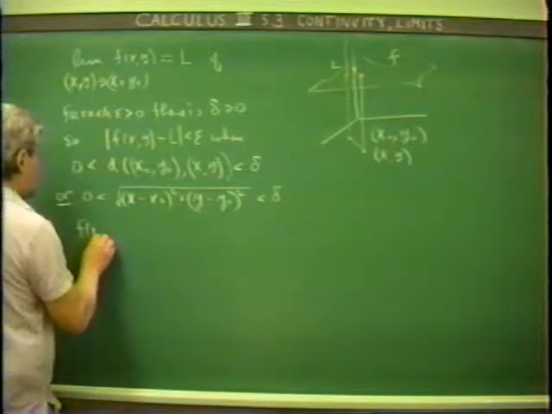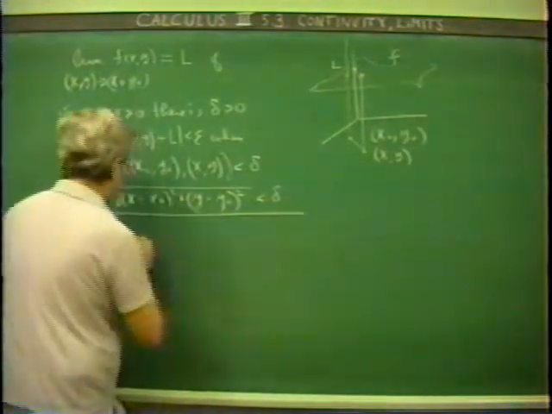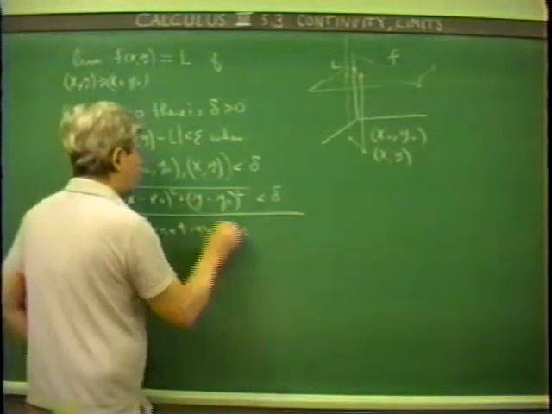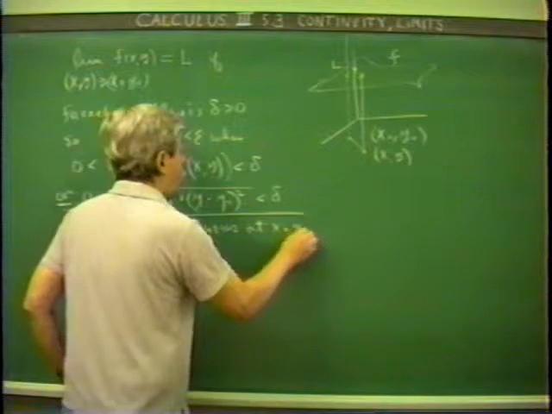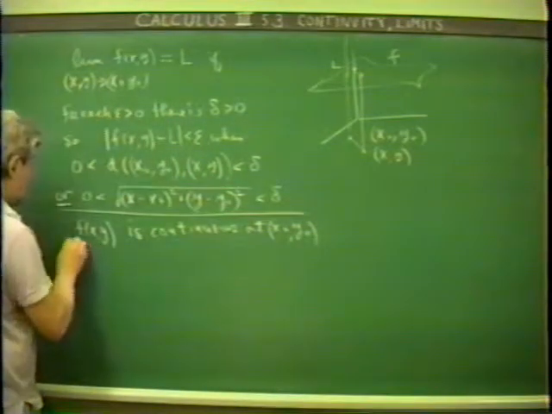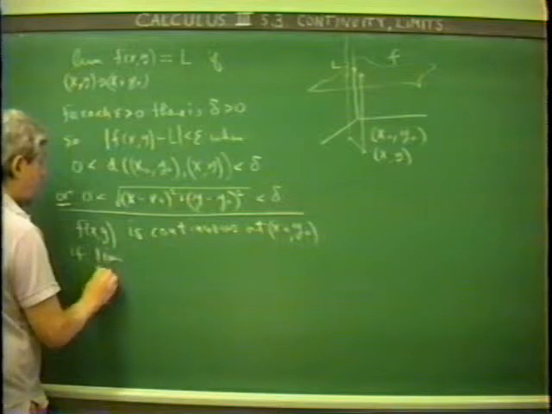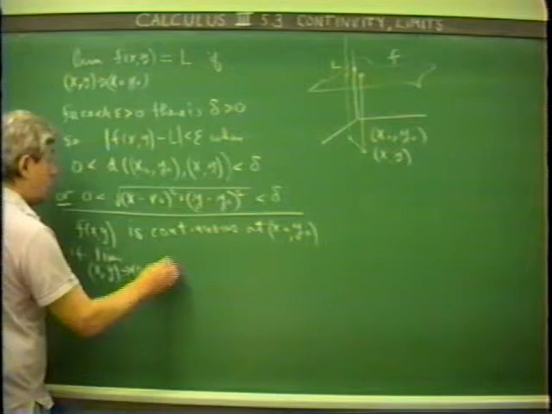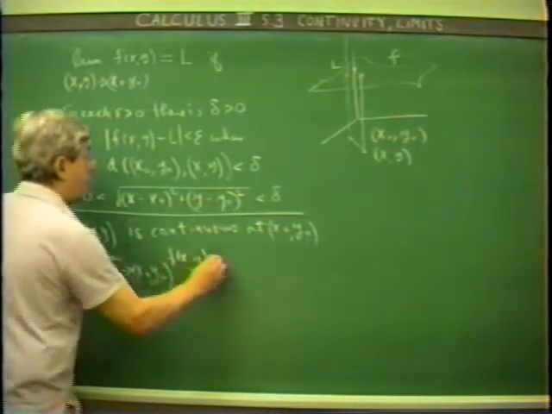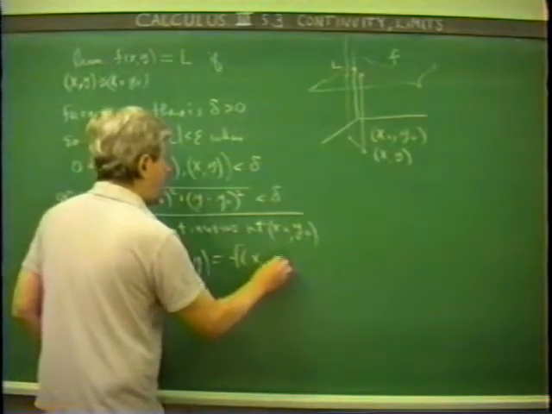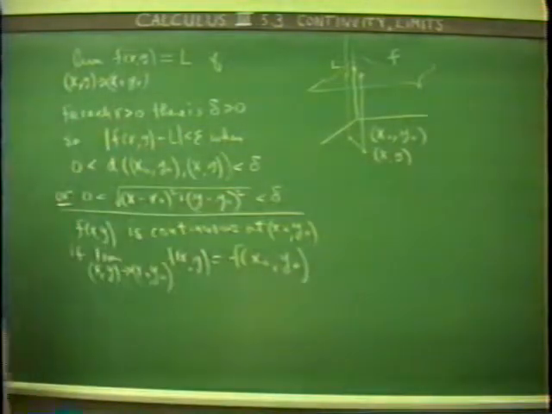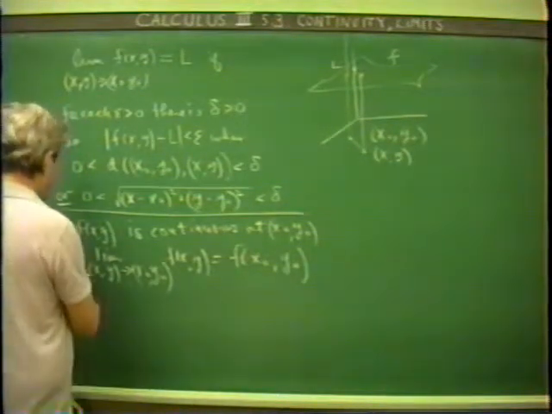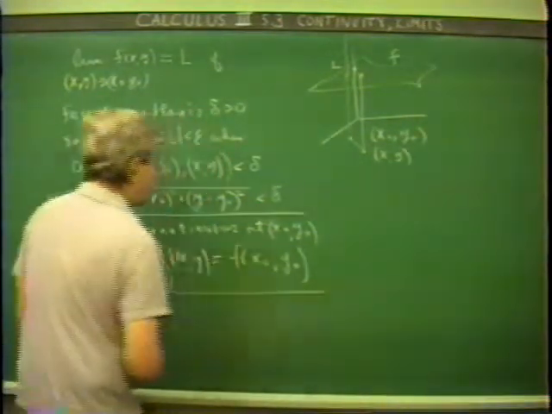That's to say, we'll say that f of x and y is continuous at x naught, y naught if the limit as x, y approaches x naught, y naught of f of x and y is the value of the function at the point, f of x naught, y naught. Now, for most functions that you construct using algebra, you're going to have this type of continuity.